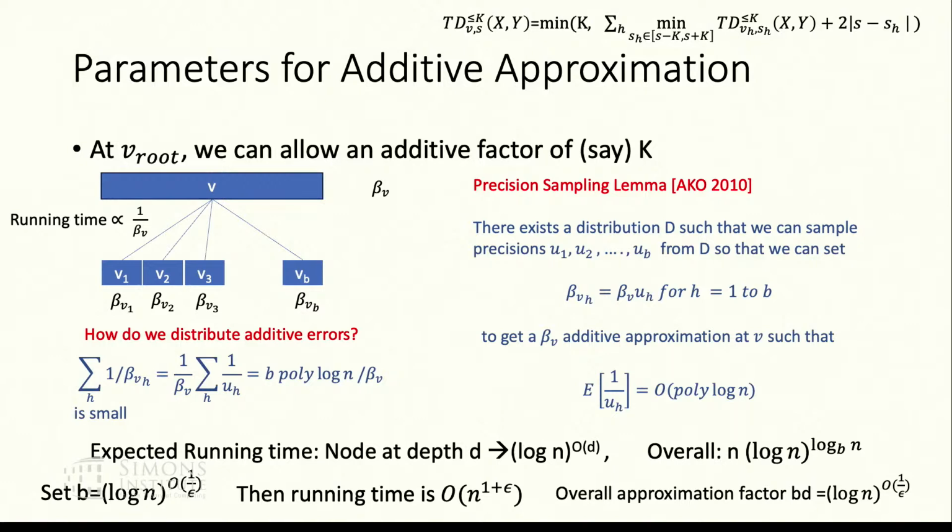So overall, your running time becomes log n to the power log bn, because that's your depth, and you do it over all nodes. So your running time is n times log n to the power log bn. And if you set your b to be log n to the power order of 1 over epsilon, as you can see, your additive error is really large. So then your running time becomes n to the 1 plus epsilon. Your overall approximation factor becomes polylog. So that's your AKO algorithm.